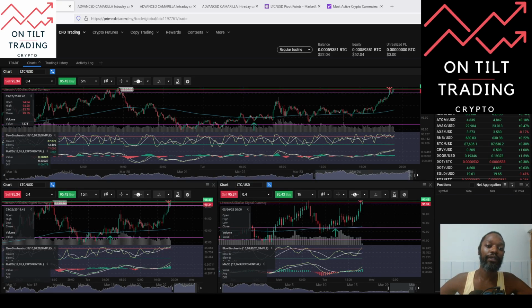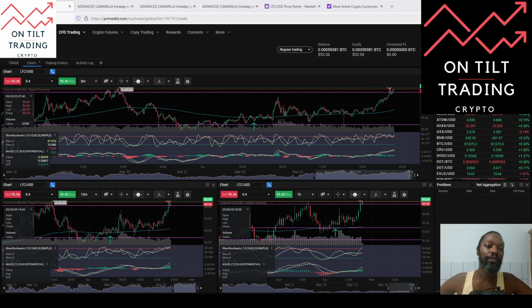This blue line that you're seeing here is the 200 exponential moving average.